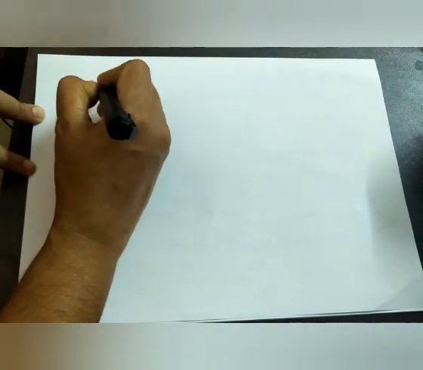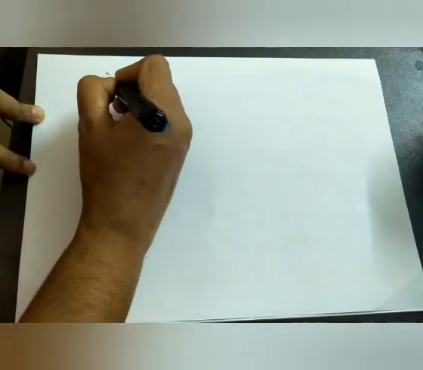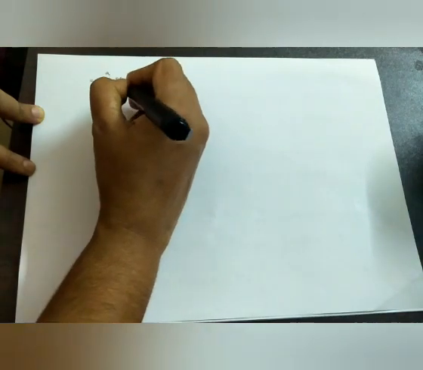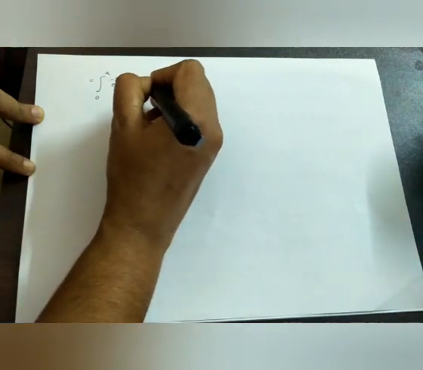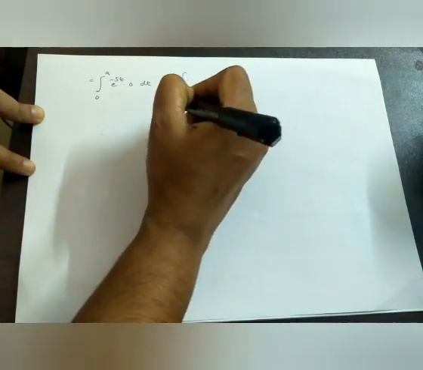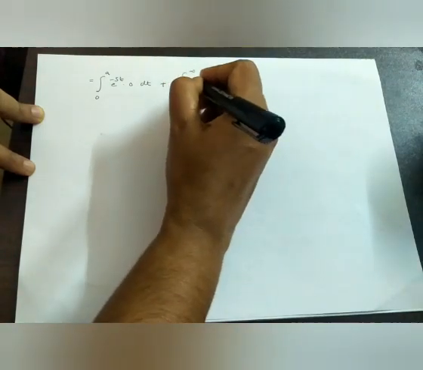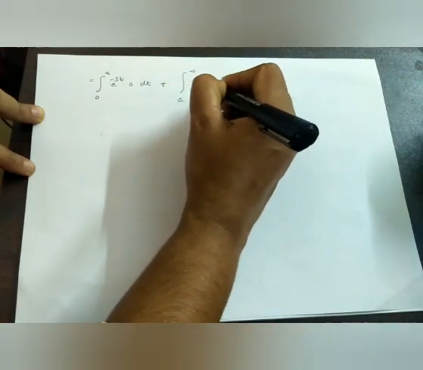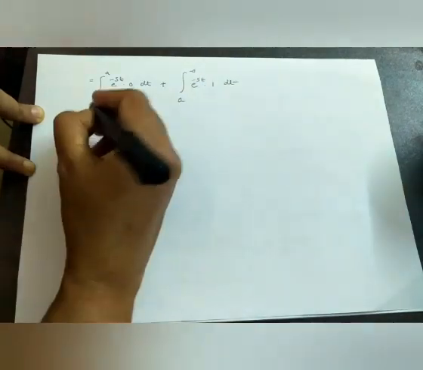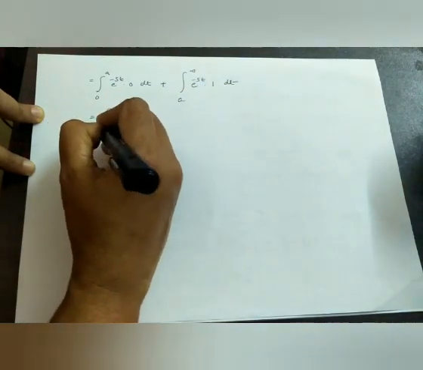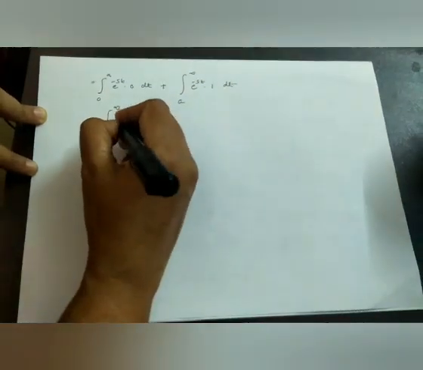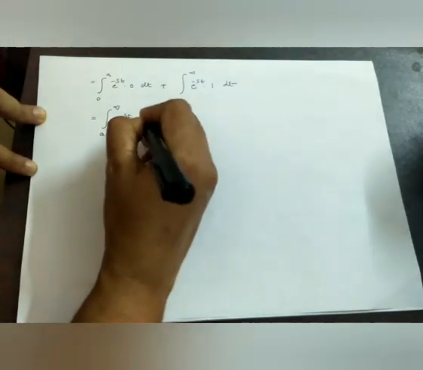From 0 to a the value of u of t minus a is 0. From a to infinity the value of u of t minus a is 1. Therefore, we have the integral from a to infinity e raised to minus st dt.